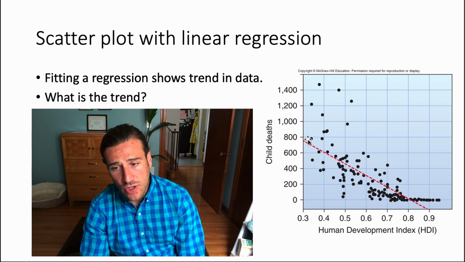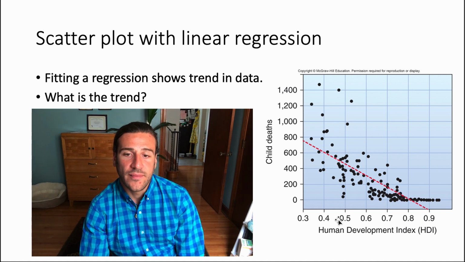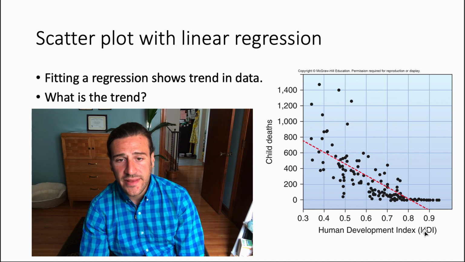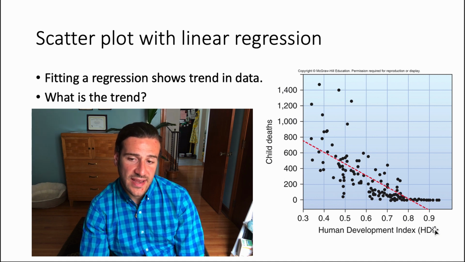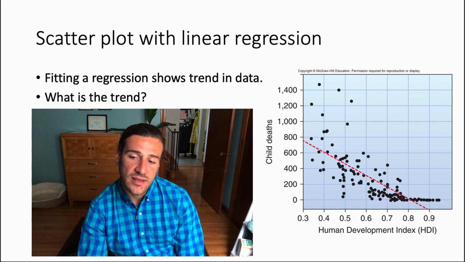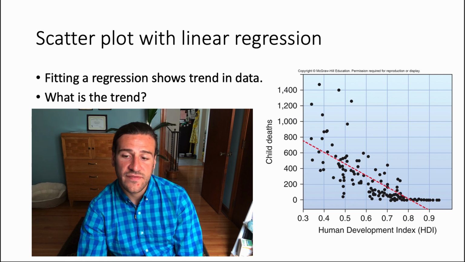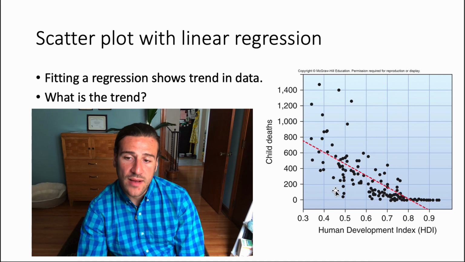What is this trend? You should be able to look at a scatter plot, and especially if there is a trend line, you should be able to easily tell that this is a negative slope, right? So as the human development index increases, right? Human development index is basically how much infrastructure a country has, and how many jobs, and basically how much money.